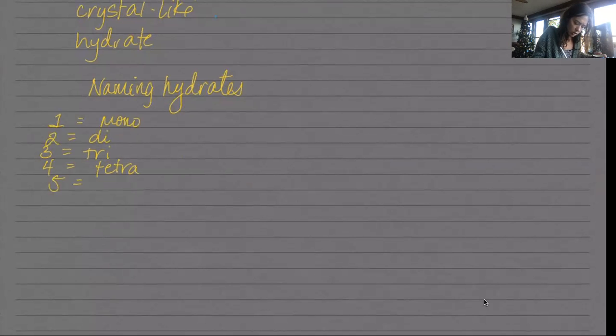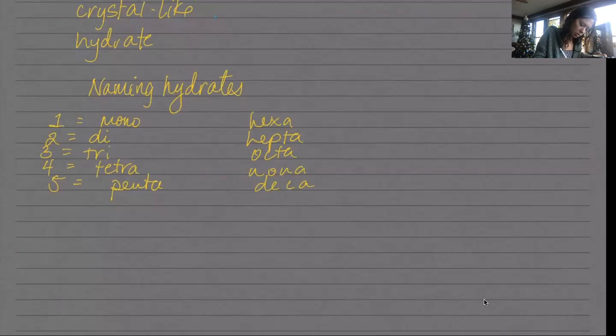Mono, di, tri, tetra, penta, hexa, hepta, octa, nona, deca, the same prefixes that you use for polygons in your math class, right? And the same prefixes we use for identifying the number of atoms in a molecule, a covalent compound.